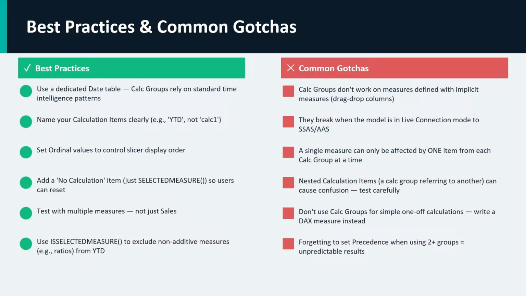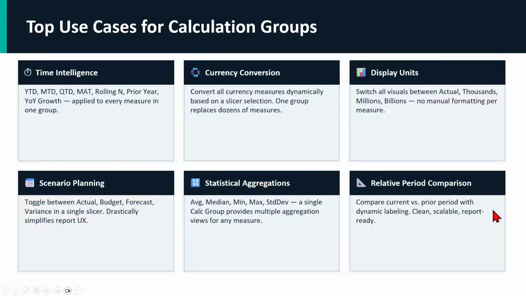Finally, do not forget precedence, because forgetting precedence when you add a second group is the most common mistake ever. Set the precedence immediately you are creating each of the groups. Those are the common gotchas and the best practices.